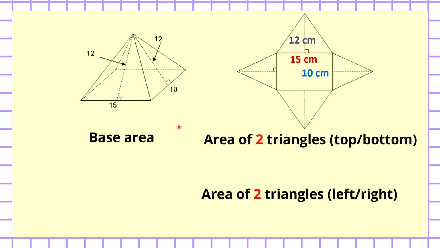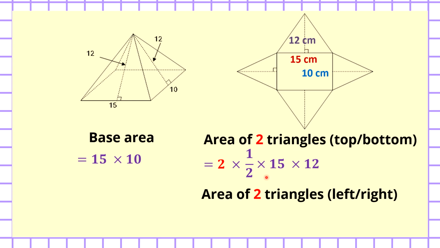Now for the base area, we have length times breadth for a rectangle. So that means it's just 15 times 10. For the area of the two triangles, since only two faces are the same, it's 2 times half times base times height.